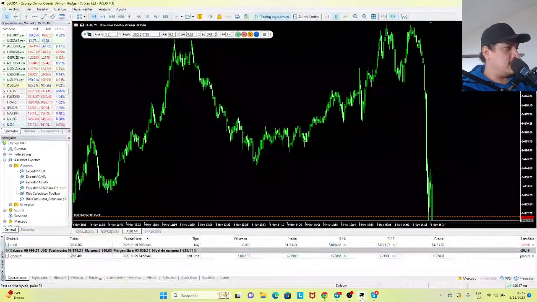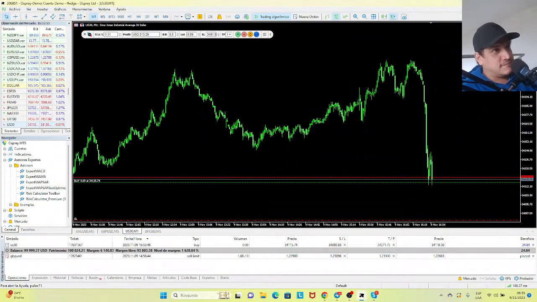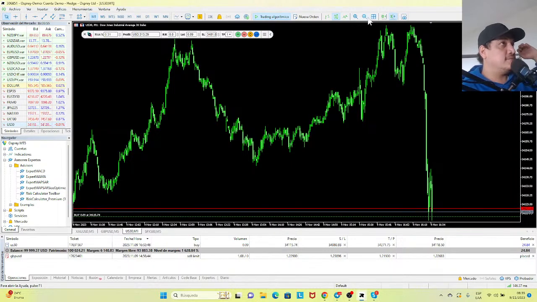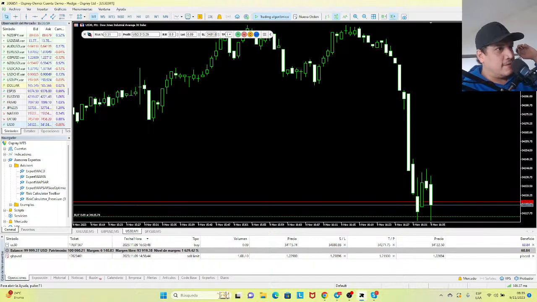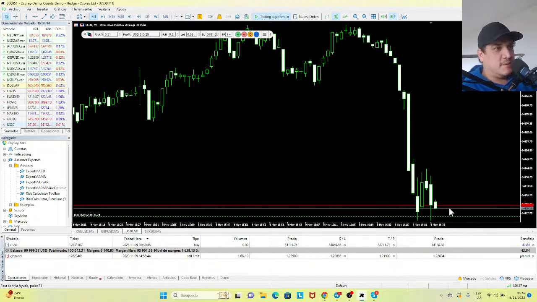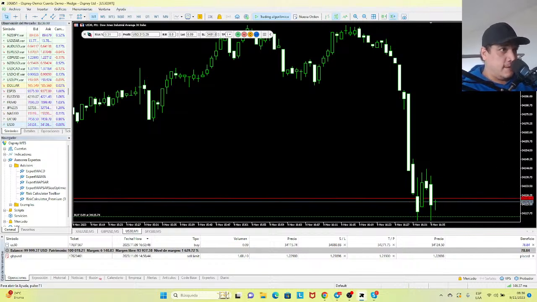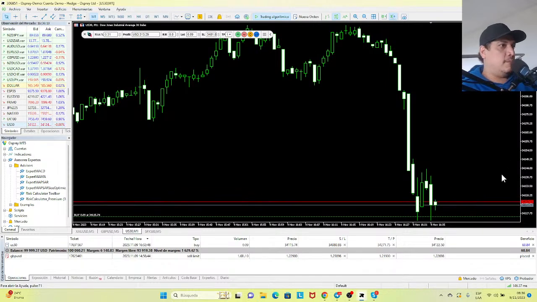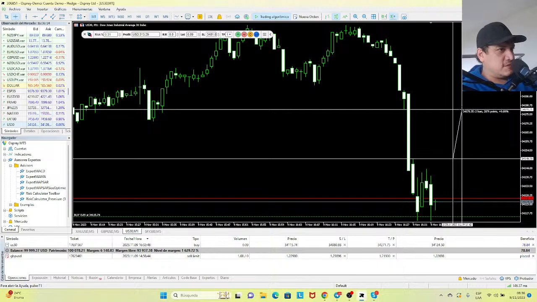All right, so back to entry. That is just okay and fine. This is a make it or break it trade in the sense that the setup is optimal. And if we break the lows, that's fine. But just have a look at this big ass inefficiency in the market.